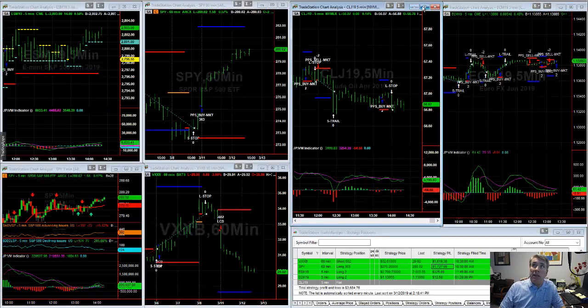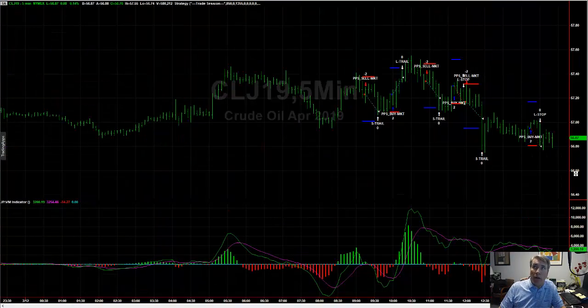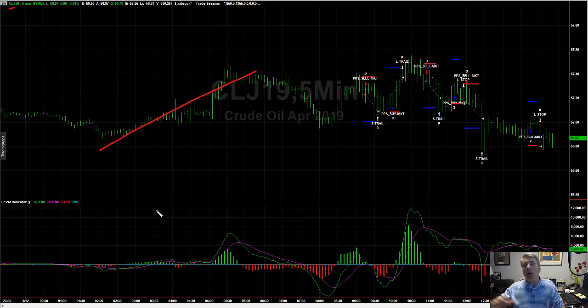Now, this is the crude oil contract, and as we were mentioning today, I'm getting a little tired of the nice smooth trends that occur in the overnight session. Once again, we can only trade what we can trade during the hours that we trade, right? We're coming up to rollover. We're going to be getting out of April and going into June futures pretty soon.